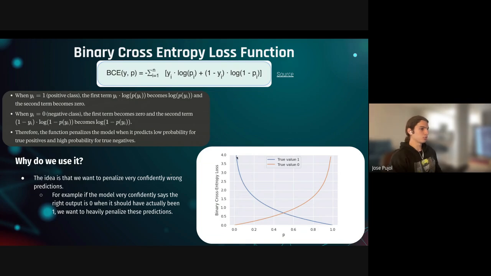Everything in between would be some sort of loss. If the model very confidently says, let's say the true label was 1, right? So this whole thing cancels out. We're only looking at this. If it very confidently says that it's 0, what happens here? This asymptotes to infinity.